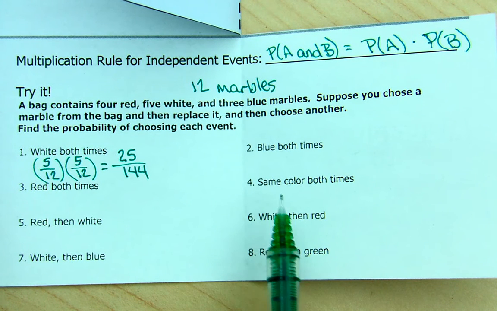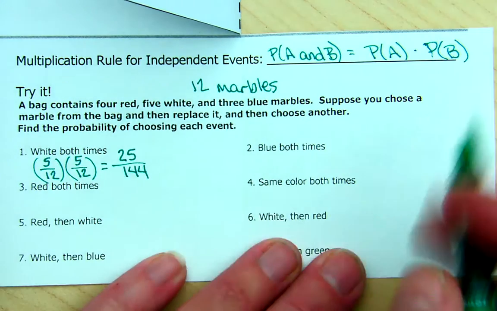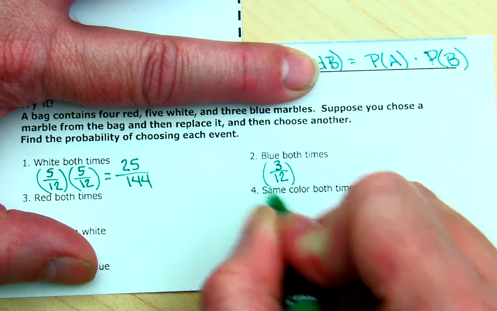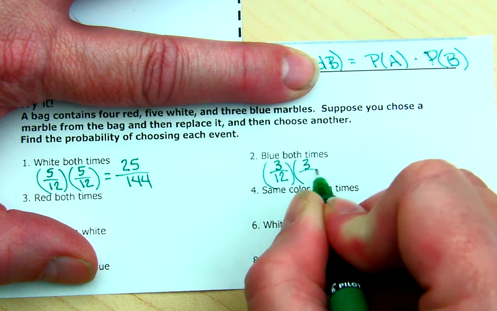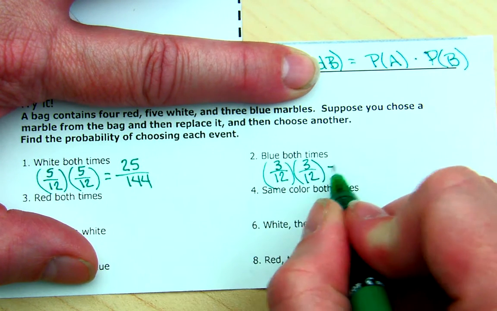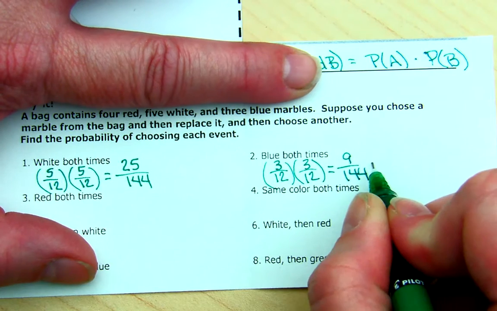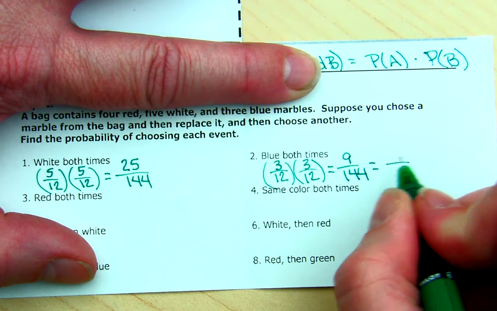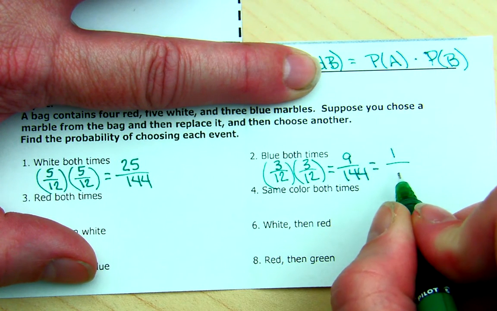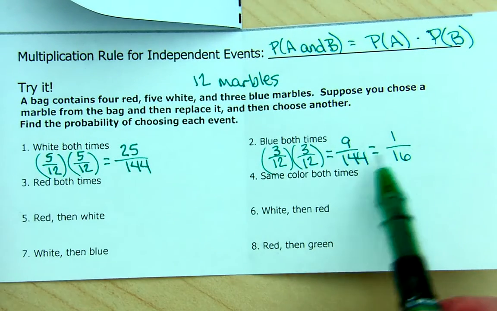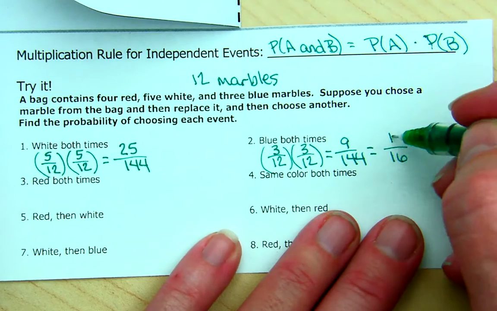When we talk about blue both times, we have 3 blue marbles, so we have 3 out of 12. Put that one back, we have 3 out of 12 again. So we have 9 out of 144, or if you wanted to simplify, 1 over 16. And again, you don't necessarily have to simplify the fraction.